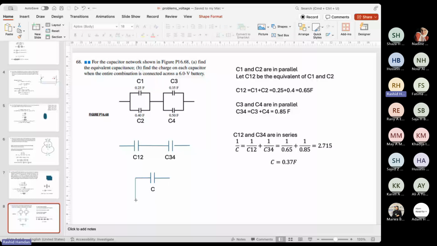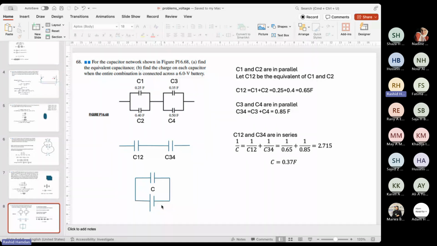Okay. So for the battery, we draw one long line and one short line. So this is our battery. The battery is characterized by its EMF.